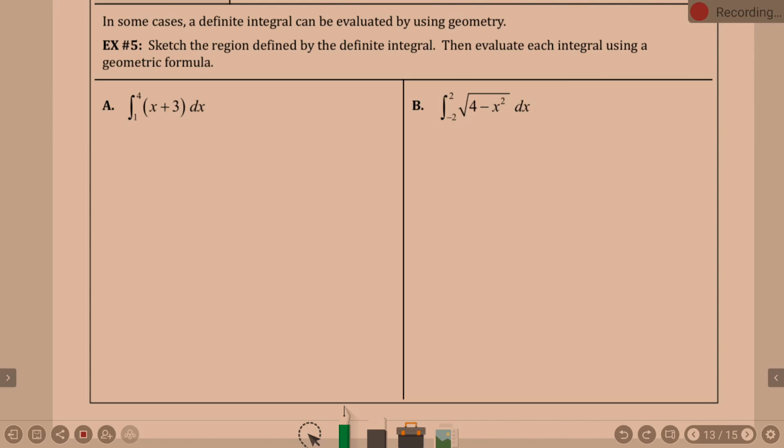Not using calculus, just basic formulas. So in these examples, we're going to sketch the region defined by the definite integral, and then evaluate each integral using a geometric formula. Next week, I'll teach you how to just integrate this. But for right now, the integral from 1 to 4 of x plus 3 dx.